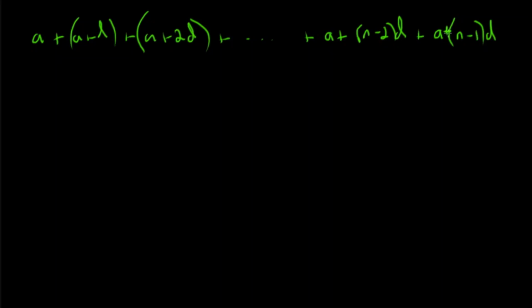And that's equal to the sum that we're trying to figure out. I'm going to do this like Gauss. I'm going to flip-flop this and do the exact same thing he did with the numbers 1 to 100. So, A plus n minus 1 times D, that's my first term. Go ahead and put brackets around it. My next term is A plus n minus 2D.